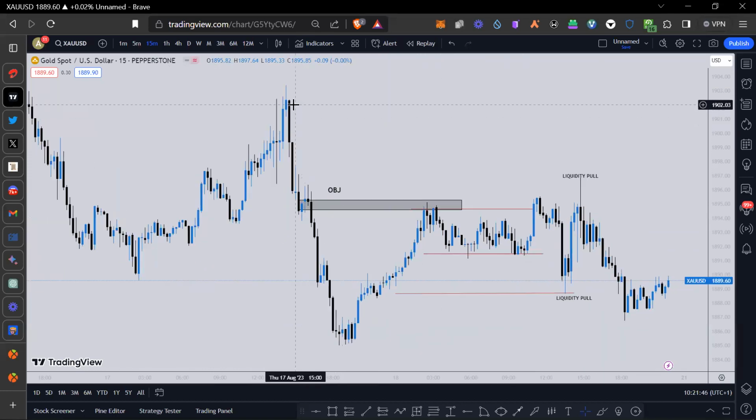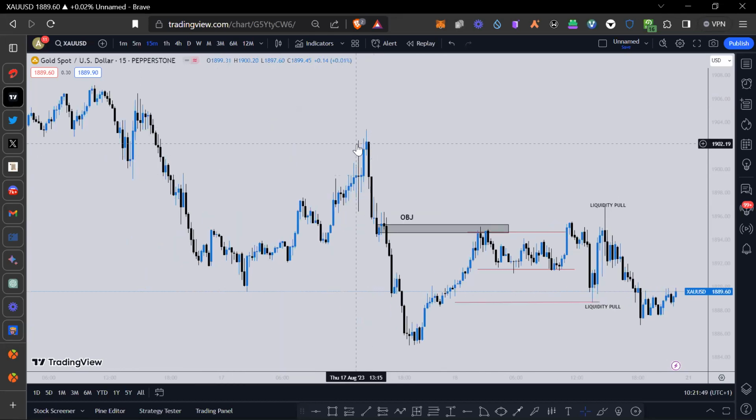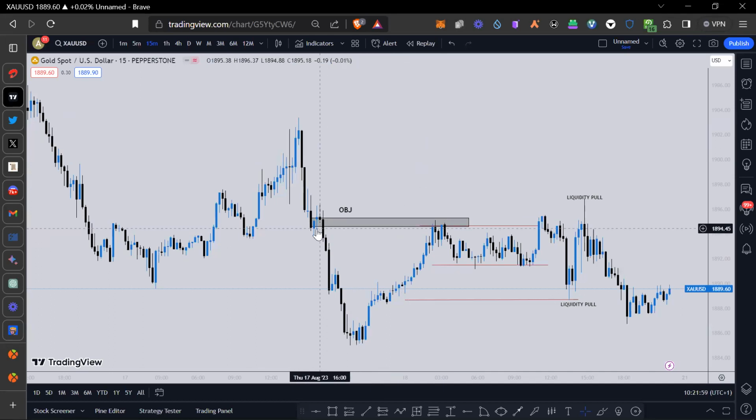So when price got to this level here, you can see that the price started to shift to the downside. These two blue candles here are trades which market makers created in order to come back to this level, so as to create a sort of open position, so that when price comes back here they can easily close when price moves back down in the direction they actually want price to go.